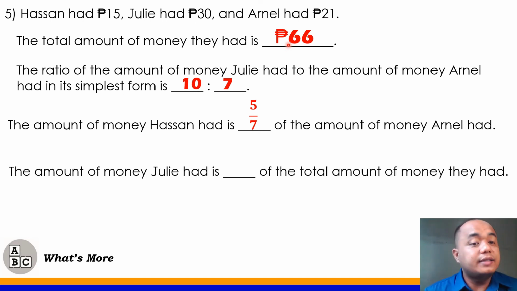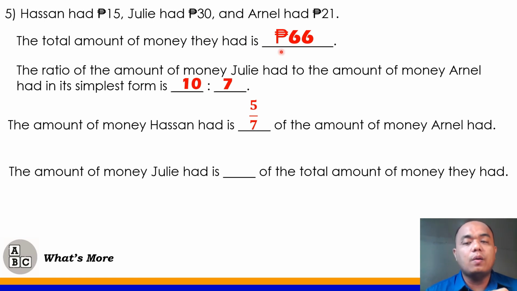Next statement. The amount of money Julie had is blank of the total amount of money they had. So, yung money ni Julie class, yung first quantity natin at yung second quantity ay yung ang lahat ng pera nila, which is 66. So, yung money ni Julie ay 30. At yung money nilang tatlo, ang kabuuan ay 66. So that's 30 over 66. Still, we will find the GCF ng 30 at saka 66.